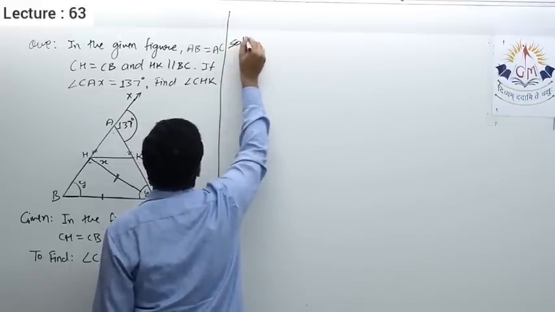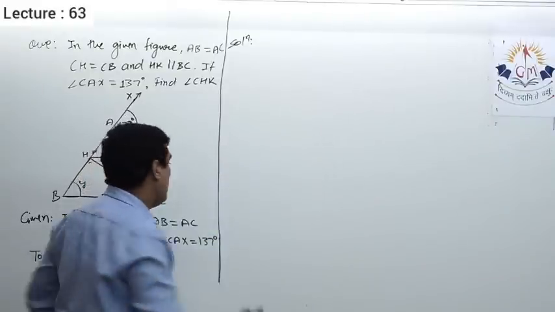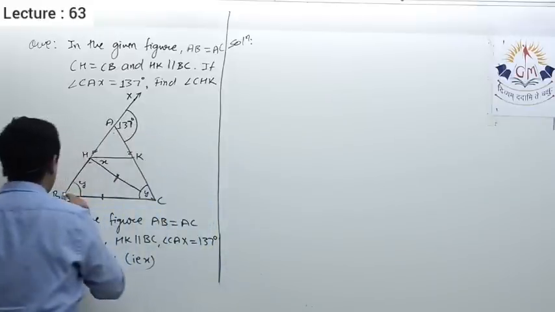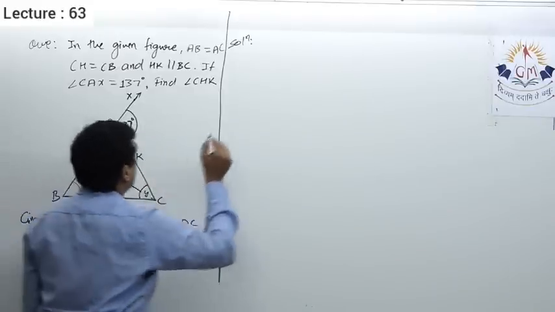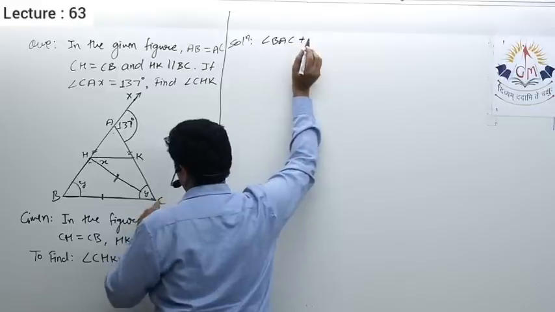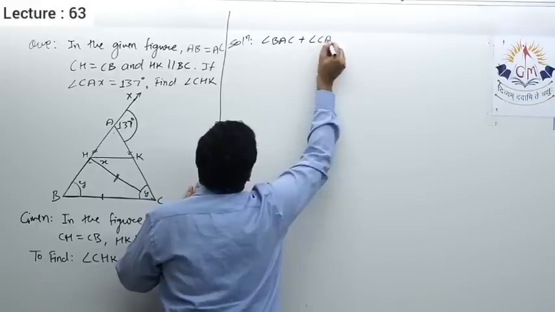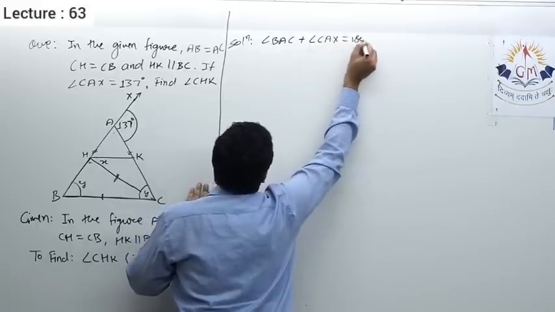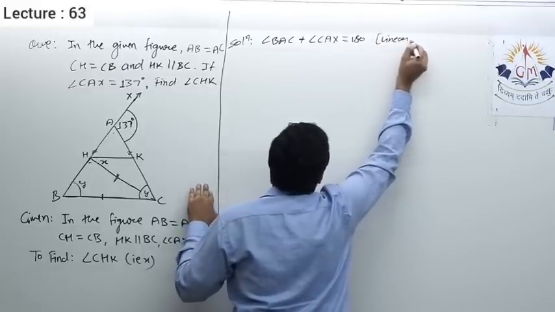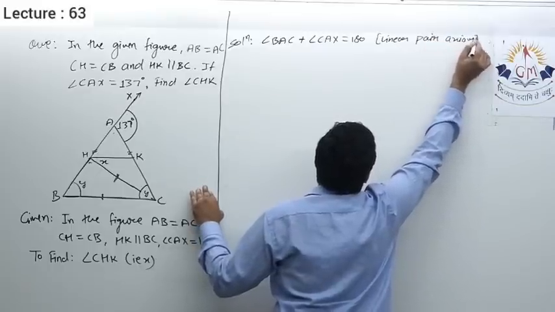Okay, let us start the solution. As we have to find something, we will write solution, not proof. First of all I will find the measure of angle BAC. So angle BAC plus angle CAX is equal to 180 degrees. Reason: linear pair axiom.